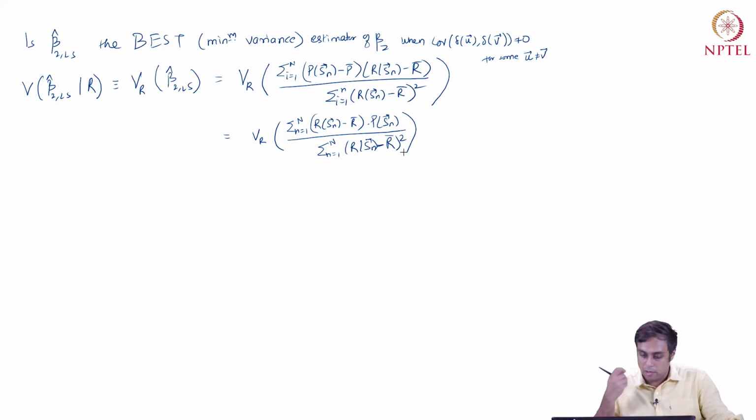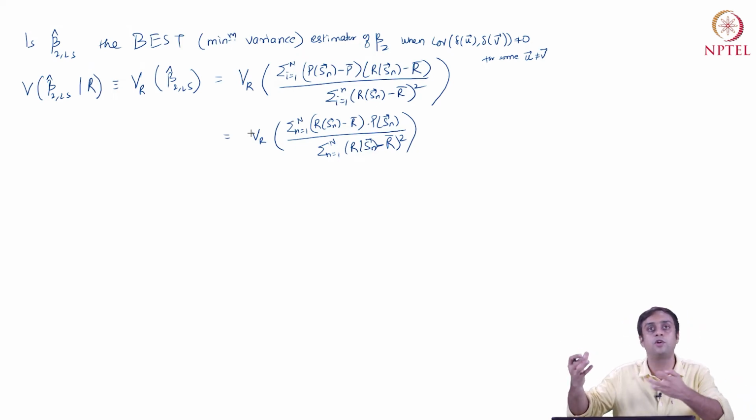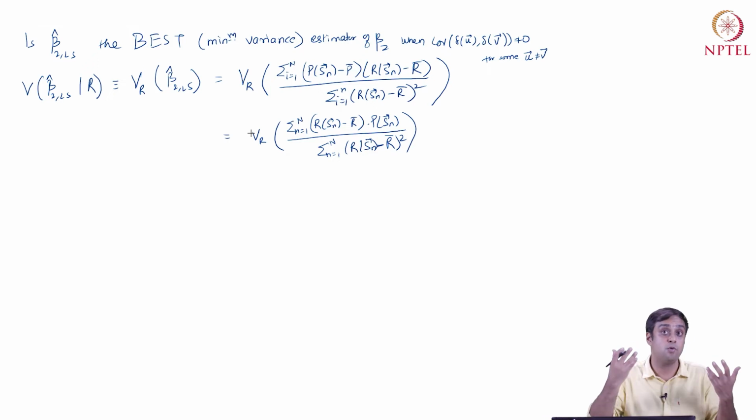Okay. Now, I have said that I am taking this variance conditional on R. So that means R is a constant. So the denominator will directly come out, right? It's a constant. So when a constant comes out of a variance operator, it comes out as a whole squared.